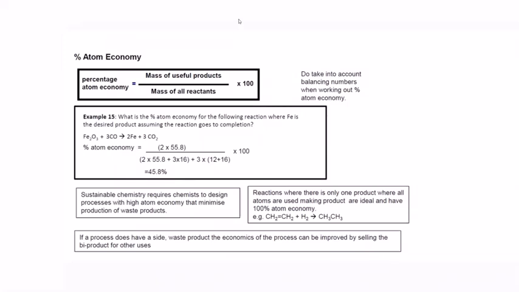Then what is percentage atom economy? It is the mass of a desired product or a useful product divided by the total mass of reactants, multiplied by 100.